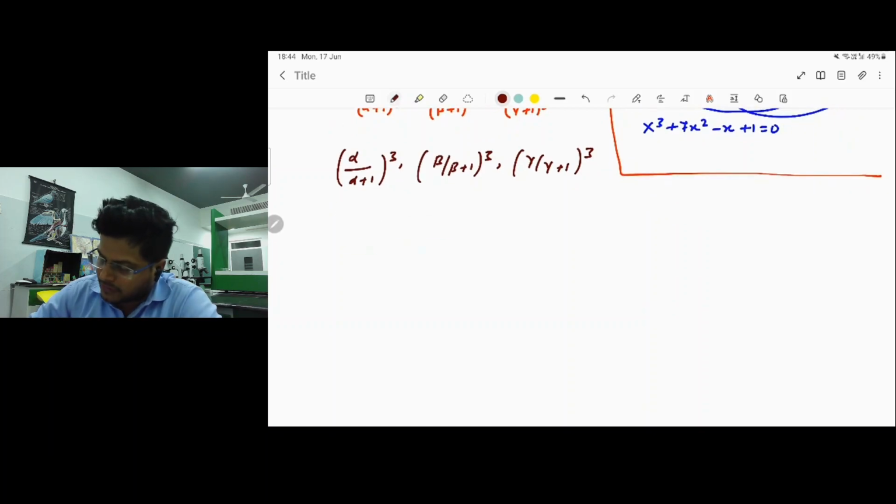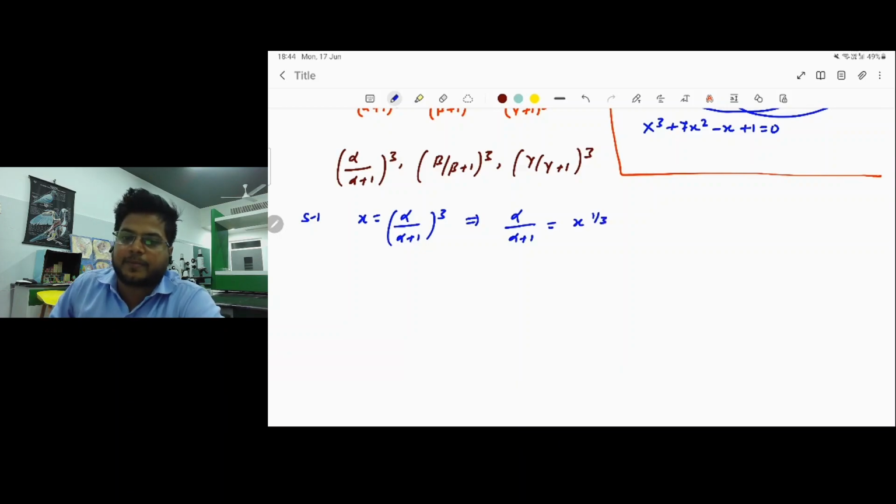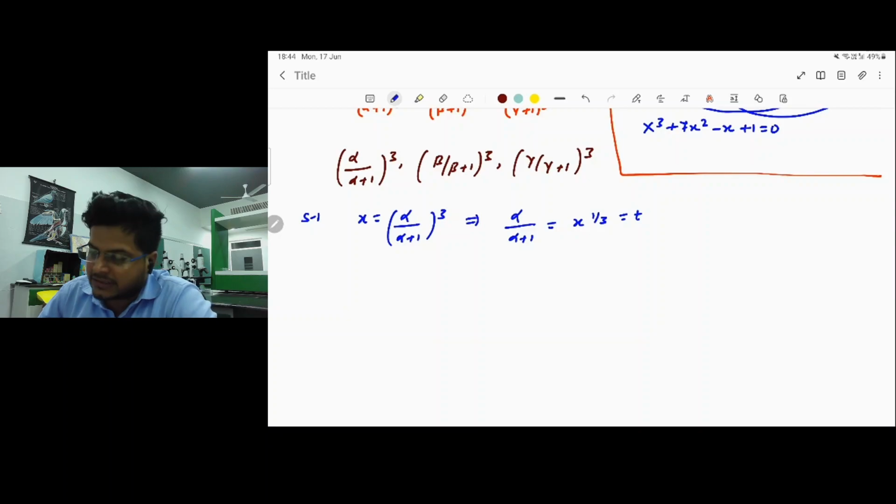So let us follow our steps. Step number 1, x equals alpha by alpha plus 1 whole cube. So from this we got alpha by alpha plus 1 equals how much? x to the power 1 by 3. Now just to avoid your confusion, I'm writing it as t, so that you don't get confused.